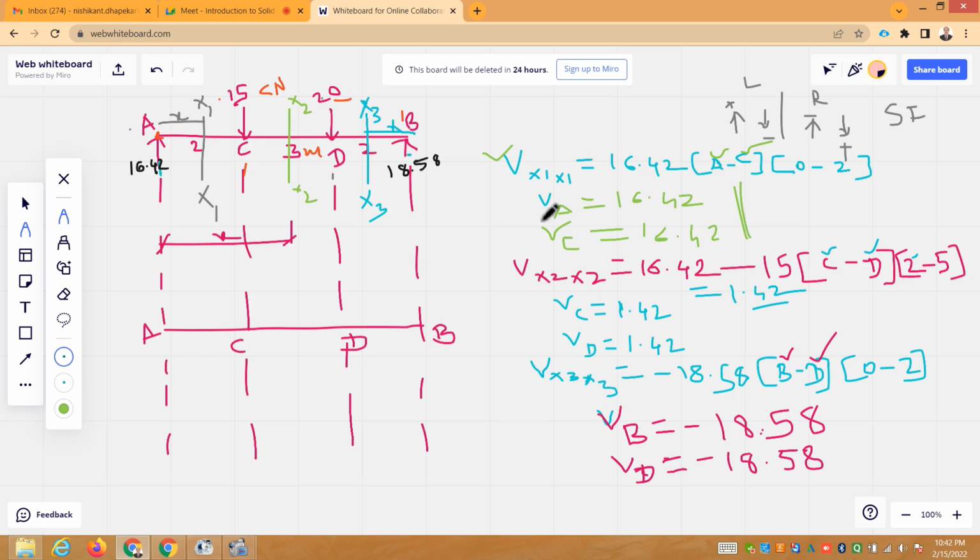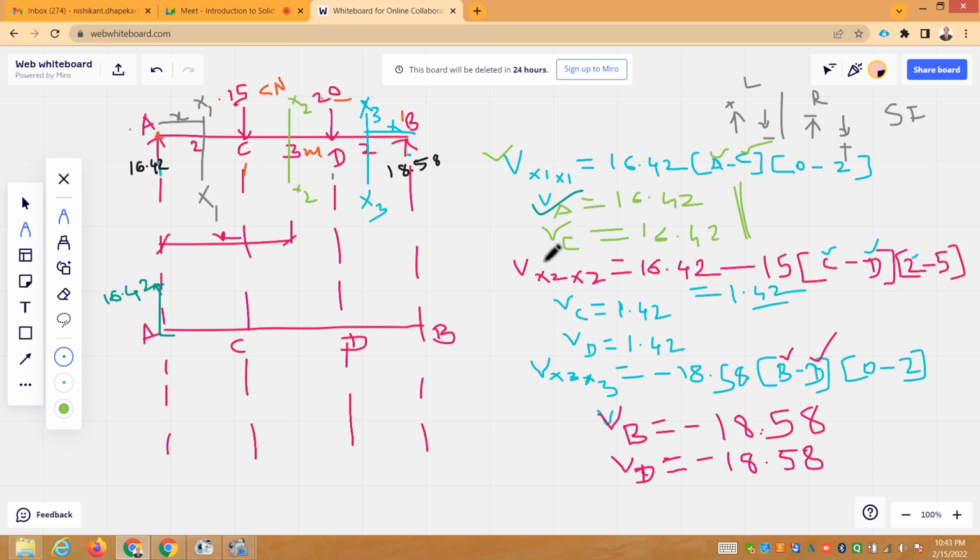So start with this. Shear force is 16.42 positive, so you will plot here and you will write this value is 16.42. All values are in kilonewton. You can mention here 16.42 kilonewtons also, or below you can mention that all units are in kilonewtons and meters.